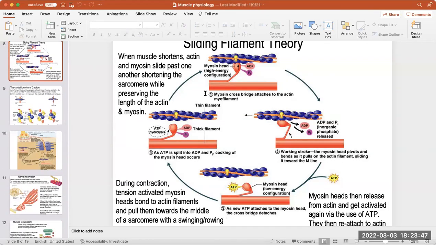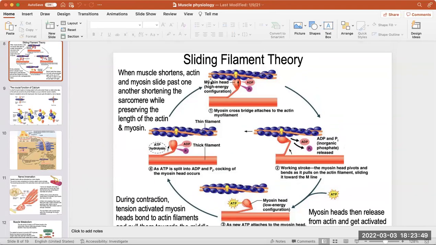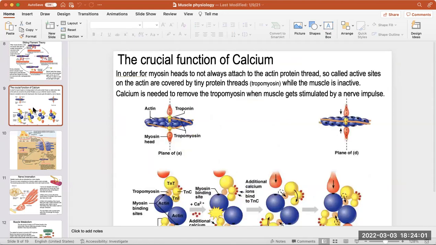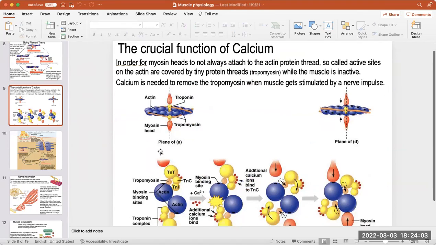What happens is, when you look at the myofibril on the inside, you got these two fibers, right? You got the thin filaments and you got the thick filaments. Do you understand that part? Yes. Good. And so from there, what we need to understand is that the thick filament, the myosin, which is this myosin head, this yellow thing, this red thing here, needs to attach at a specific place at the actin in order to function properly.